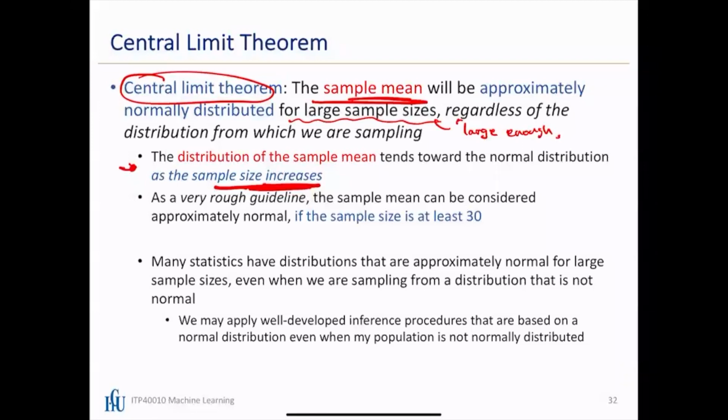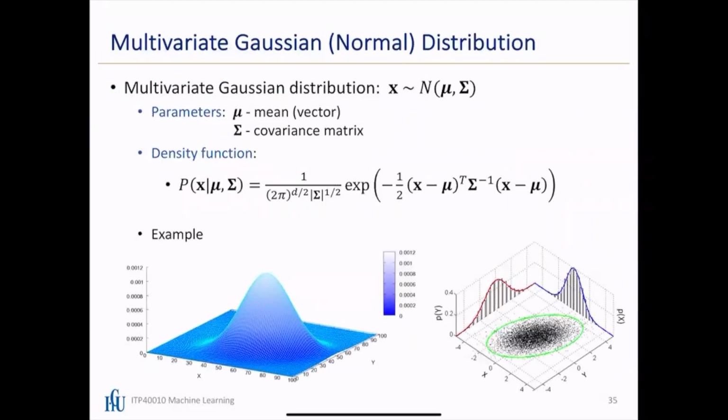But note that the central limit theorem was defined more than 100 years ago, when the sample size was not that large by our standards. From experience, the general rule of thumb is that the sample size is larger than 30. So everything is converging into Gaussian. That gives us lots of shortcuts in terms of collecting data, analyzing the data and making inferences as well. That is an additional explanation about Gaussian distribution.